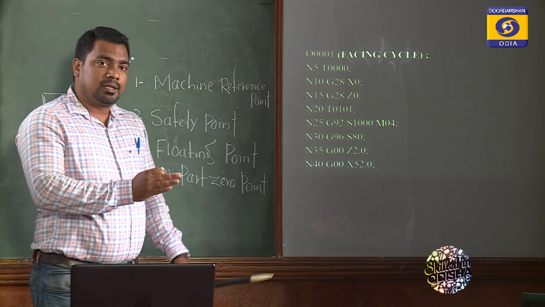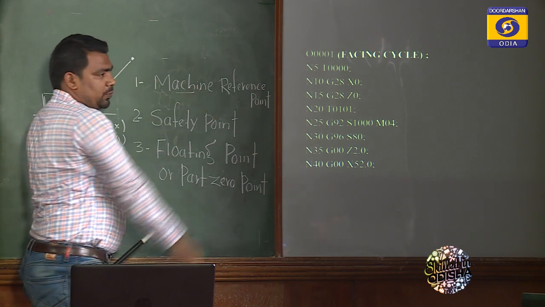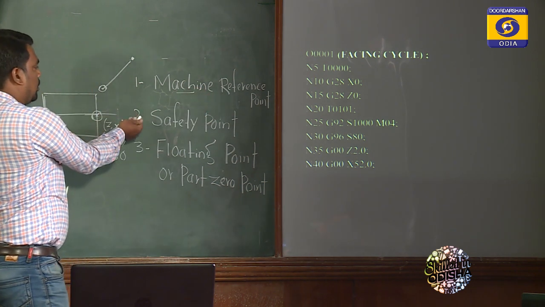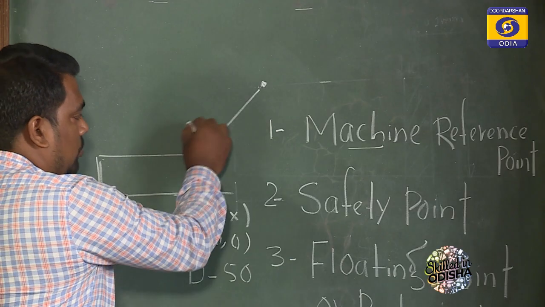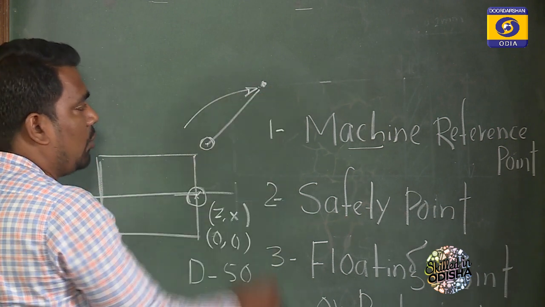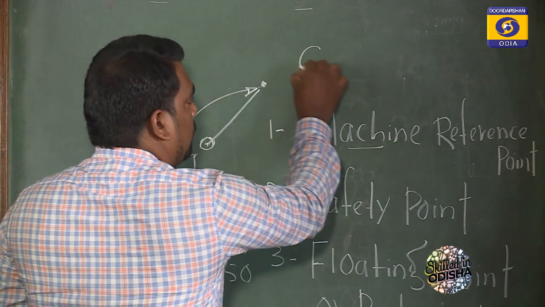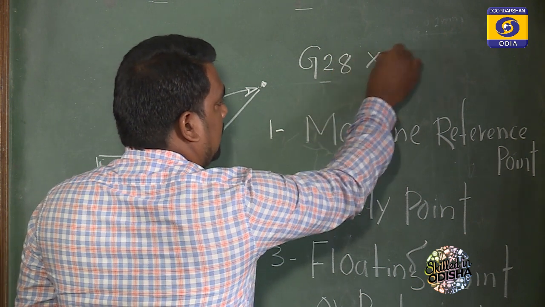So I have to bring the machine turret to the machine reference point. So I have to write this code, G28X0.